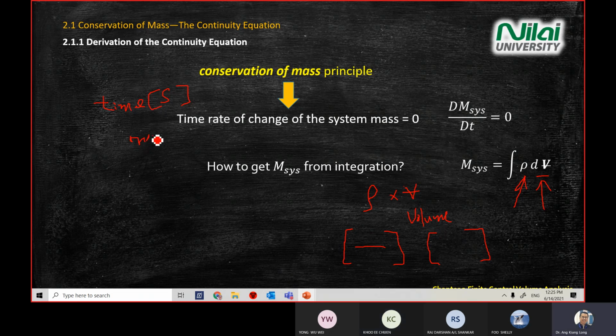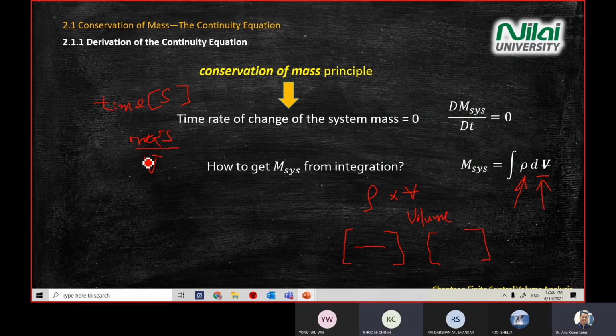I'm asking about unit. Unit is second. Meter cube. Mass over what? Mass over volume.